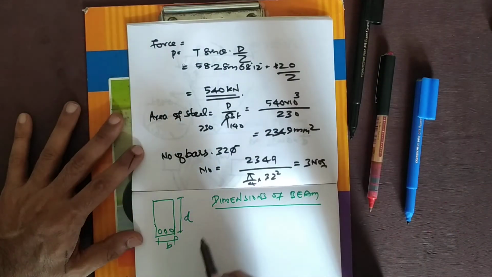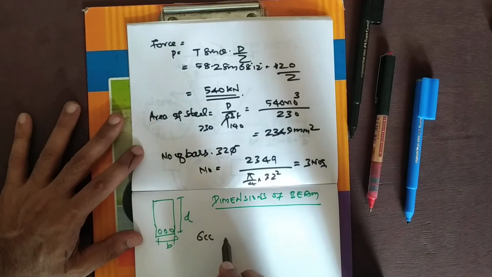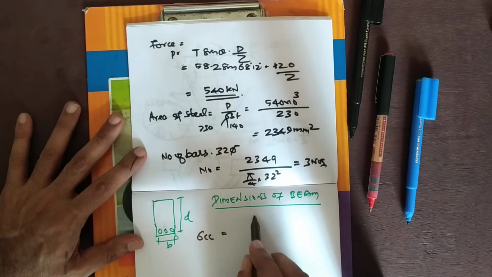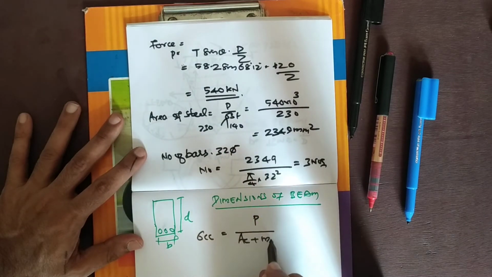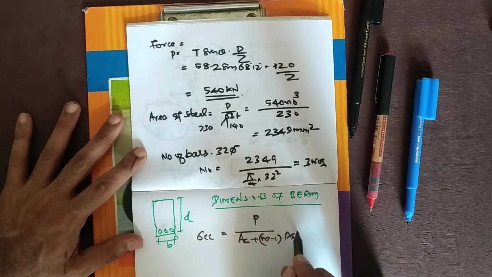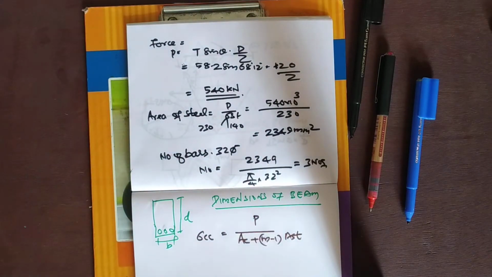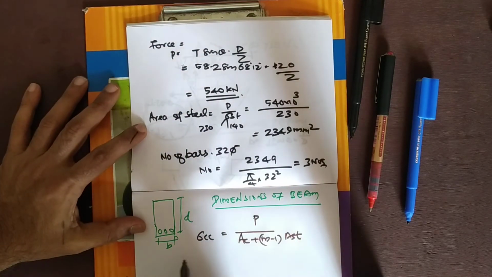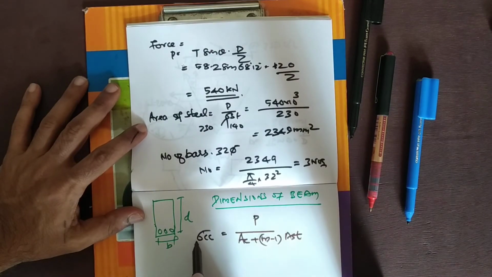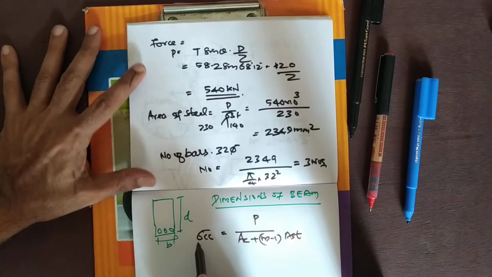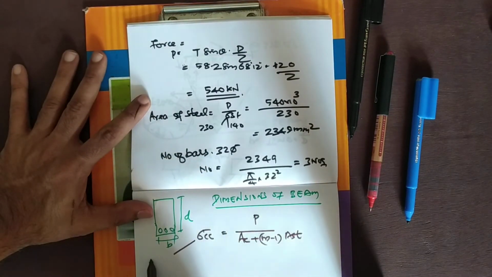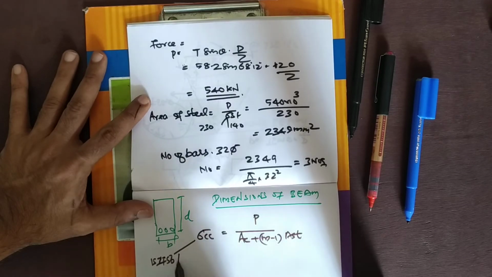As we have done before, you know that stress in concrete, axial compressive stress in concrete is equal to P divided by area of concrete plus M minus 1 into AST. So as you can see here, sigma Cc is the axial compressive stress in concrete, which we have seen. It is from IS 456 page 81.